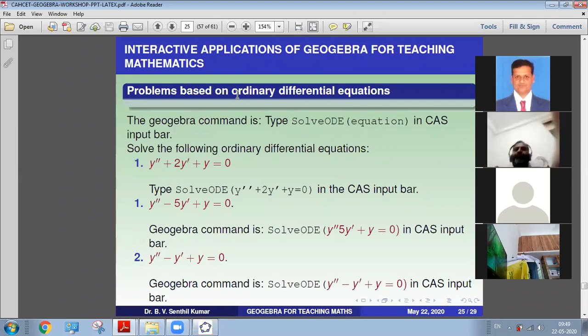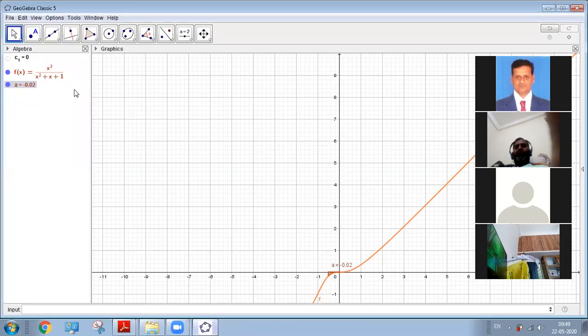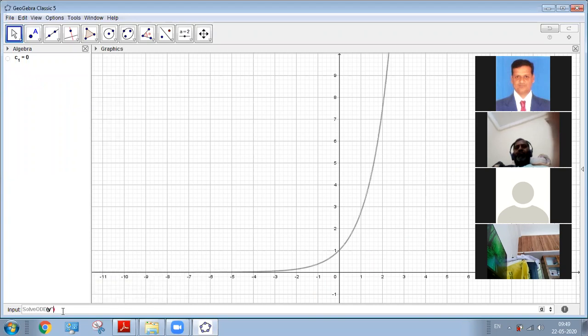We can also solve problems based on ordinary differential equations. For that, this command is used to solve an ODE. Whatever equation you have, just type it here: capital SOLVE ODE, y double dash plus 2y dash plus y equal to 0.